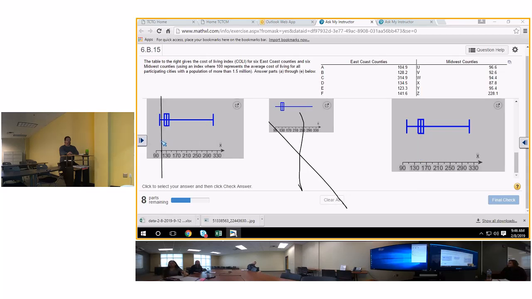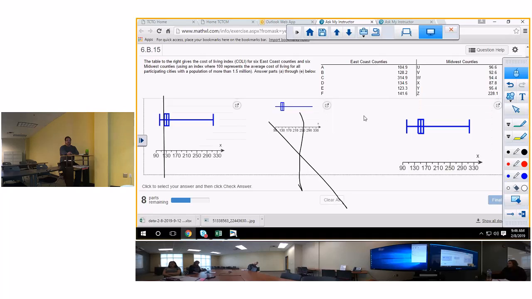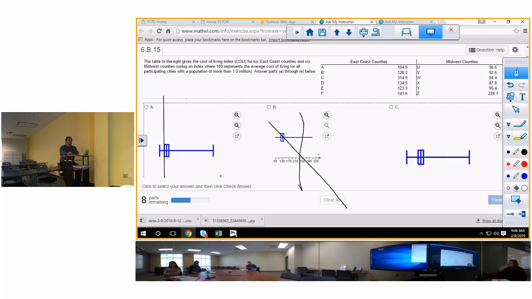And this one right here says that the first quartile is about 127 or something like that. So on the East Coast, what was the first quartile? 123. So that one's it. So the answer is what? A. So you go back down. I'm trying to find my way around this thing. I've got it blown up, so just bear with me a second. Okay, there we go. So A, and then final check.